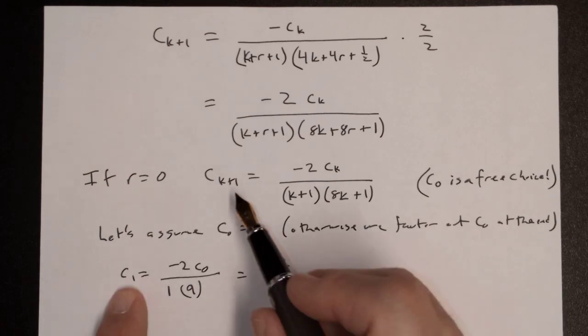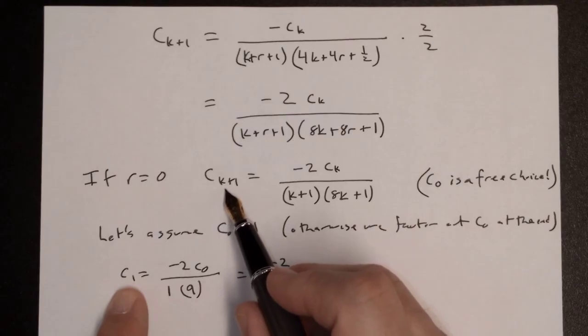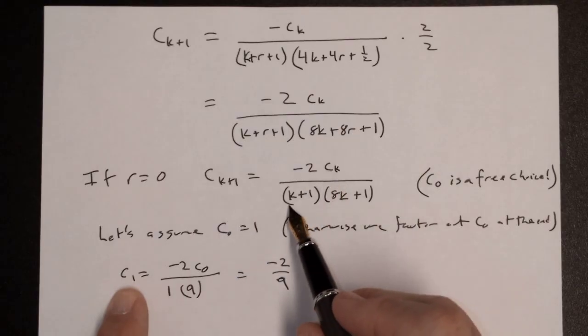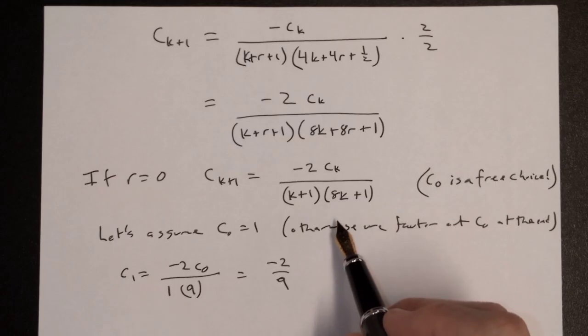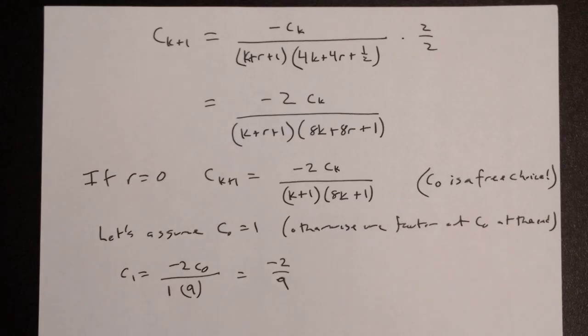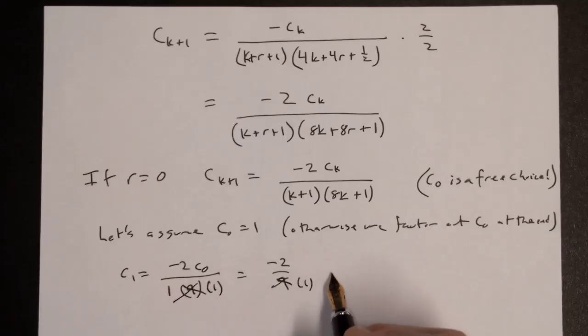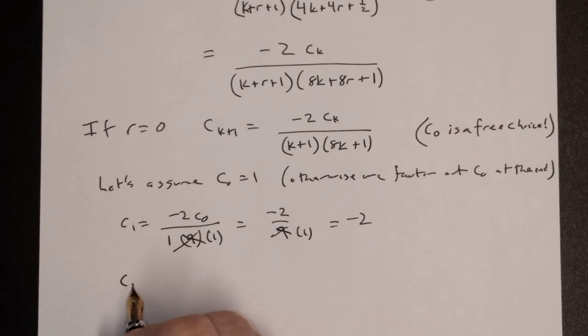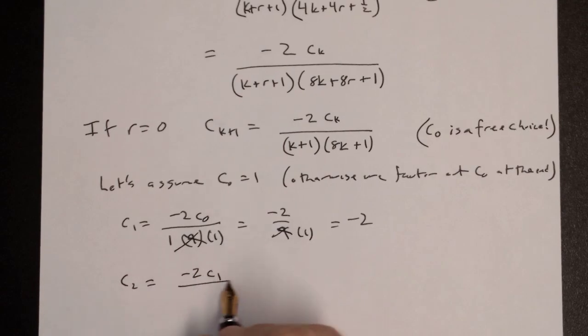If I'm doing C1, then K is 0. That's why there's a C0 here. 0 plus 1. Oh, that's not right. That's a 1. I can do arithmetic, really. Sorry, people. Okay, now I do C2. That's negative 2C1 over 1 plus 1. Now there's my 9.